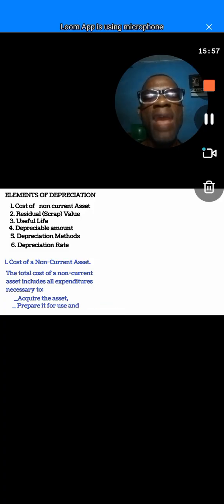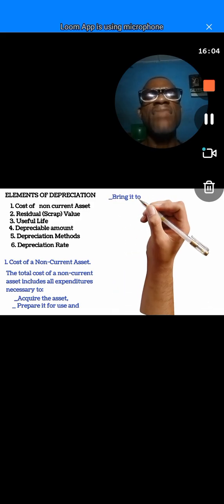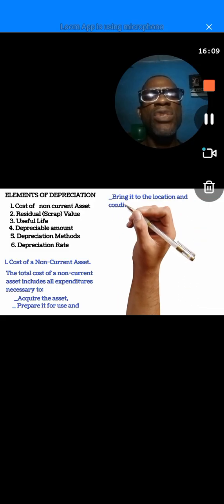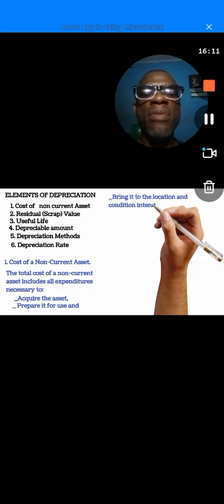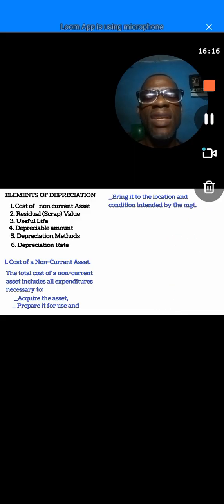Two, prepare the non-current asset in the form that it will be used in the business. And the third is all costs involved in bringing the non-current asset to the location and condition that management intended to use it. So these are the things that make up the cost of non-current asset.